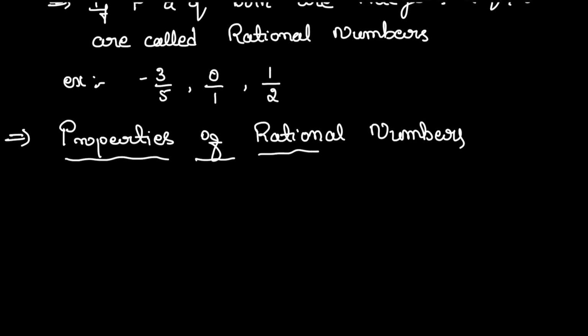We'll see one by one what are the properties of rational numbers. So even in the whole numbers also we learn closure property, commutative property, associative property, distributive property. Same properties we are going to apply in rational numbers also. Check whether those properties hold good or not. Let's see, the first one is closure property.